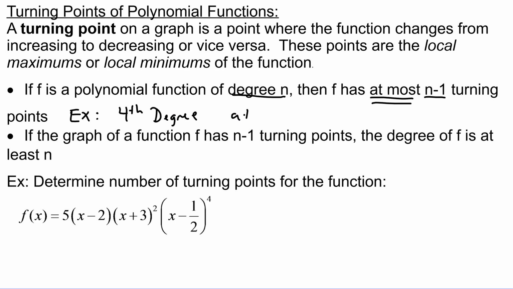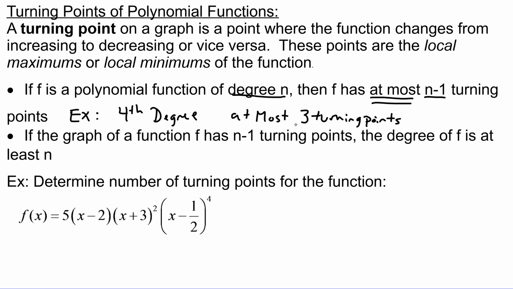Then at most I would have one less. I would have 4 take away 1, I would have 3 turning points. And we say at most because it could be fewer, depending upon the terms in our polynomial and whether they're positive or negative or what their coefficients are. But we definitely know the maximum: at most 3 of those local maximums or minimums or turning points.